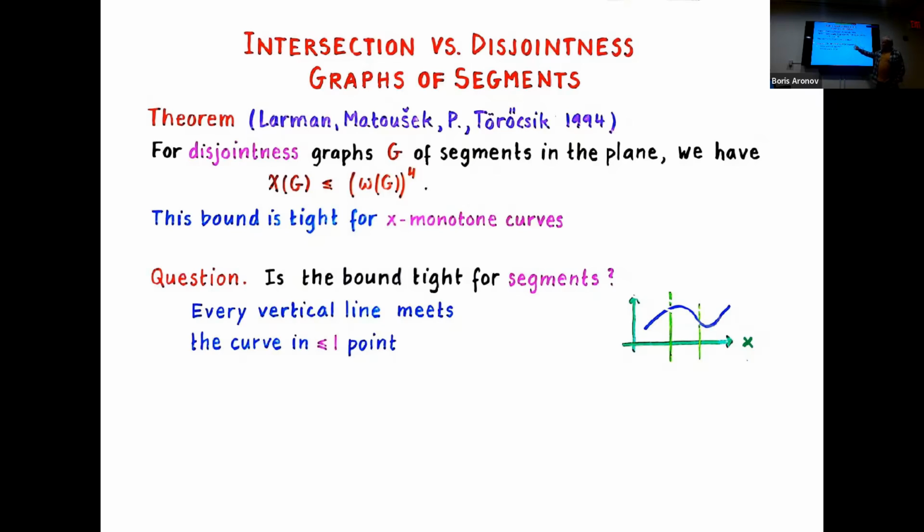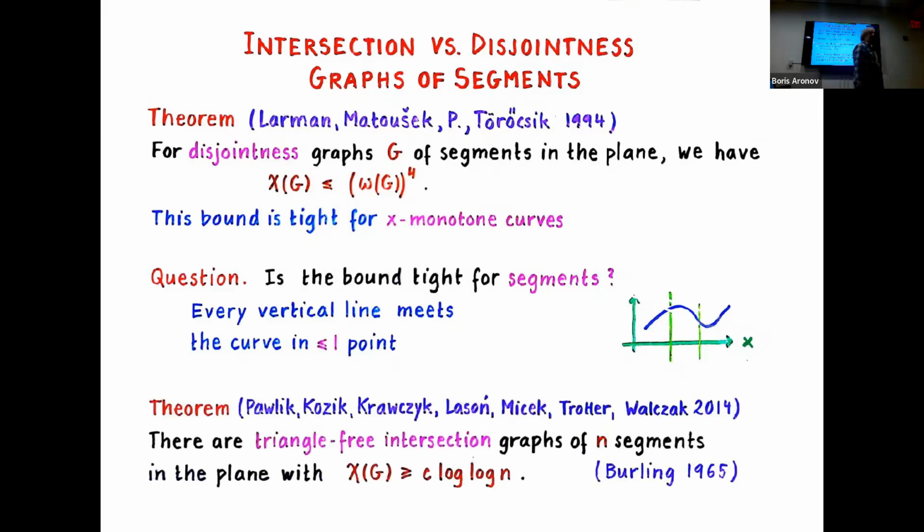Simply, perhaps there is a much better result for segments. Definitely, it is not true that chi is bounded from above just by a constant times omega, but maybe it can be bounded from above by a quadratic function of omega, and I think it's an interesting and not hopeless question.